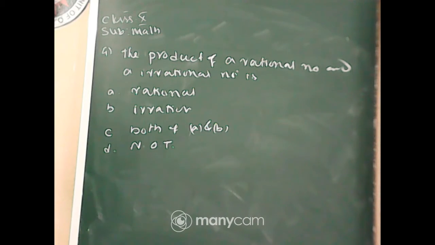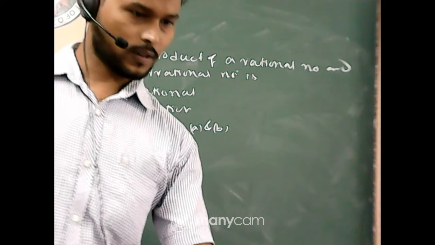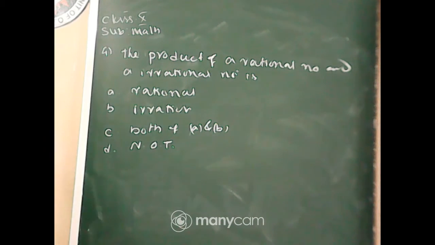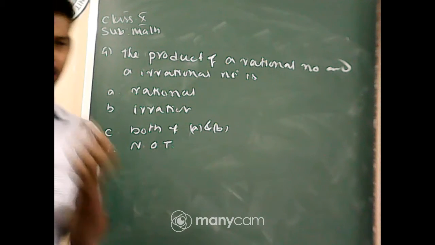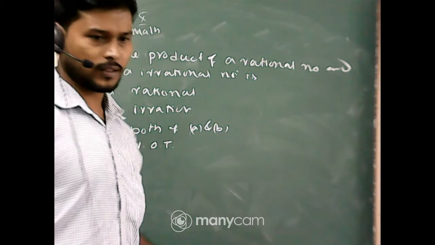What will be the answer? The product of a rational number and an irrational number is C. Can you please explain by giving one example?